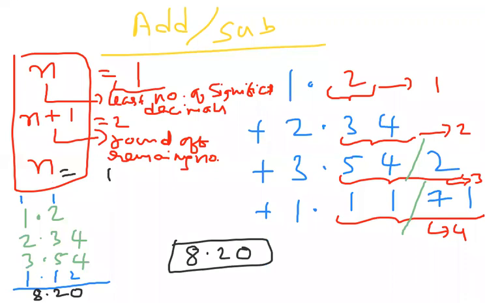That means answer must always have only one significant decimal, because after the decimal, this 2 and 0 both are significant, but according to the n plus 1, n rule, this is the rule what we framed here. First one indicates least number of significant decimals. Then you have to do n plus 1, rounding off the remaining numbers to 2 significant digits. Then answer must be again n, here 1. So only one significant decimal.